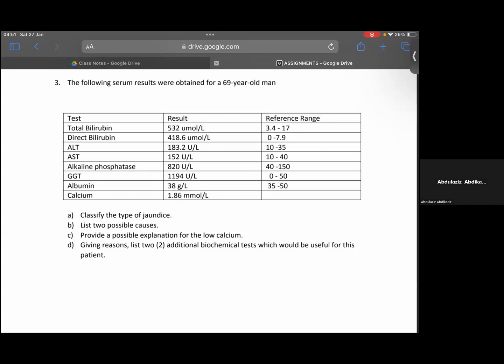But this one is a 69-year-old man. If that was not written there, remember, biliary atresia you cannot find in a person of this age. So a 69-year-old man rules out biliary atresia. Provide a possible explanation for the low calcium.